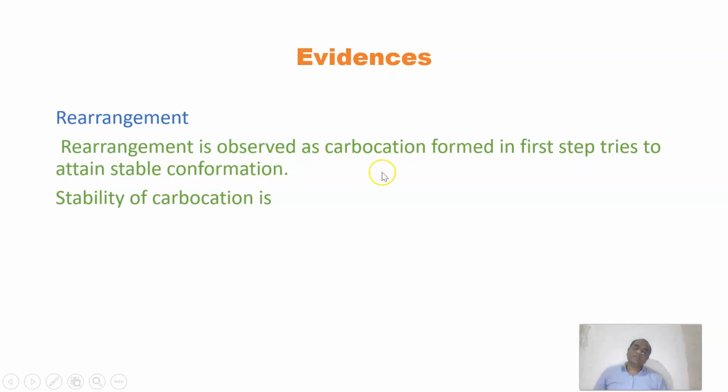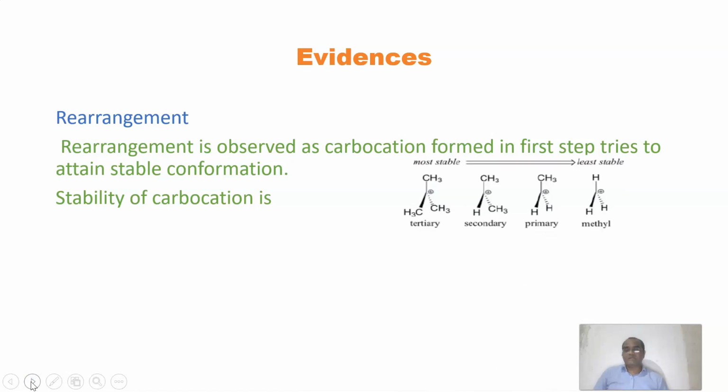So here the meaning is that there might be some rearrangement, or some internal transfer, to form a more stable carbocation. If we see the stability of a carbocation, tertiary is more stable than secondary, then primary, and then methyl. The least stable is methyl, and the most stable is tertiary.